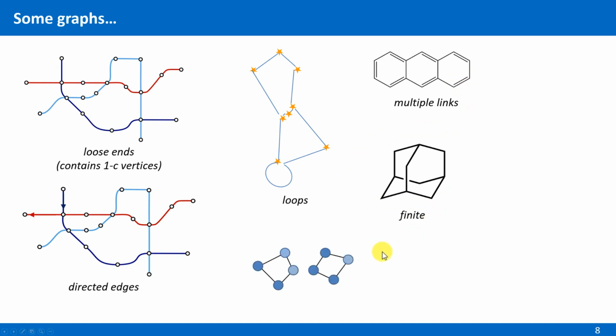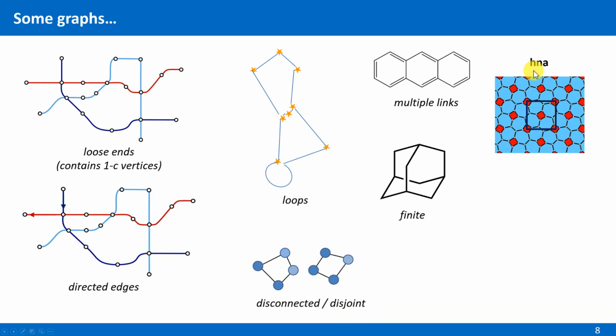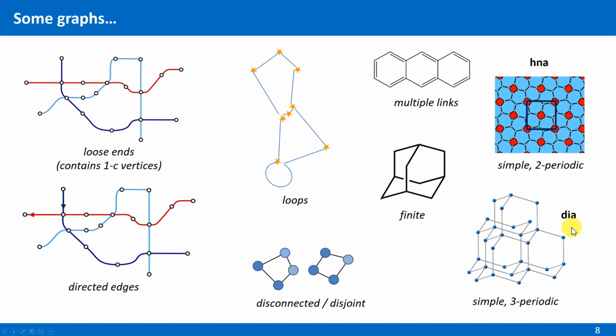This would be an example of a disconnected graph, or the topologist would say this is a disjoint graph, being composed of two connected, simple subgraphs. Therefore, again, a non-simple graph. But this is an infinite, connected, simple, periodic net. Here we see the unit cell of this two-periodic net called HNA. And this is a fraction of the three-periodic net of diamond.